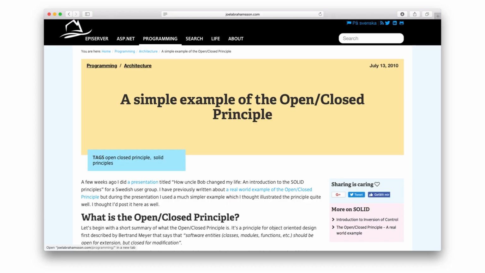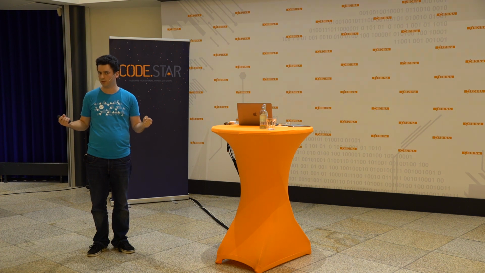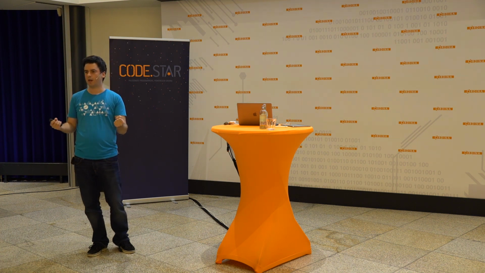Normally when we talk about object-oriented programming, one of the examples which people love, and I don't know why, is shapes: rectangles and circles and computing of areas.